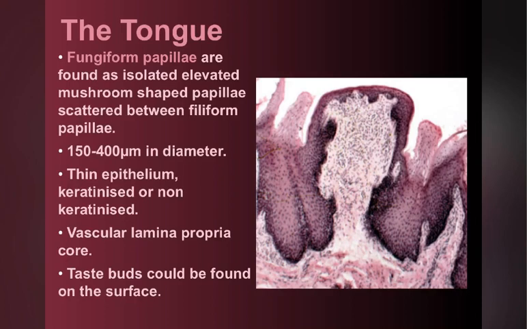The epithelium covering them is thin and it can be keratinized or non-keratinized. They have a vascular lamina propria core. Taste buds could be found on the top surface of these papillae.